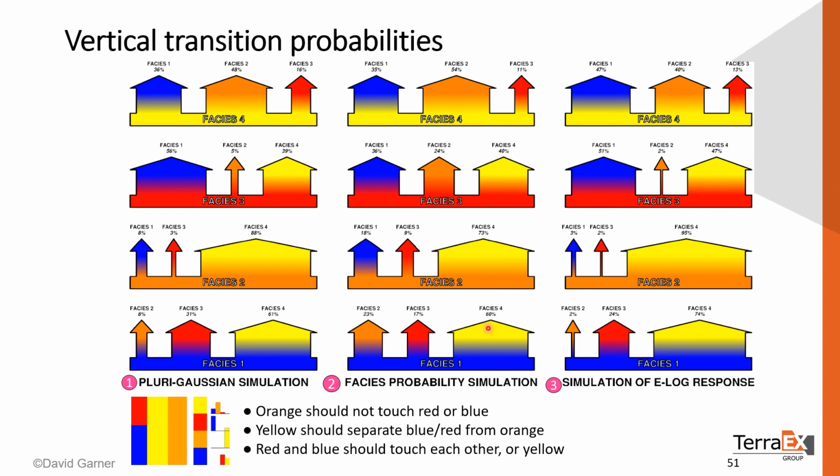So we have the blue transitions to yellow and red with quite a bit of orange in this one. And the orange is mostly into yellow. Red is distributed across, but mostly yellow and blue. And then yellow into all three. So it's generally honoring the transition set.